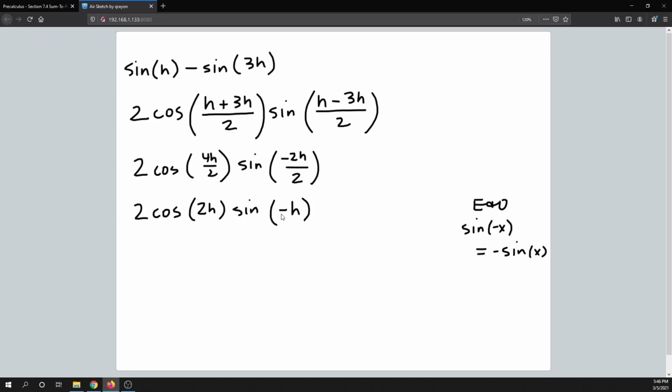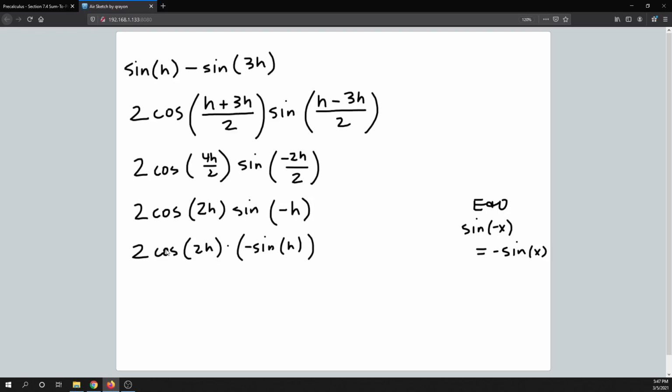So I can use that identity right here. So this would be written as 2 cosine 2h times minus sine h. I'm putting these parentheses here because if I don't, it's going to look like this is subtraction, which it's not. So that's why I have the parentheses here.